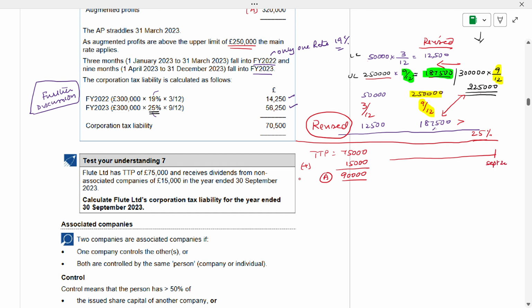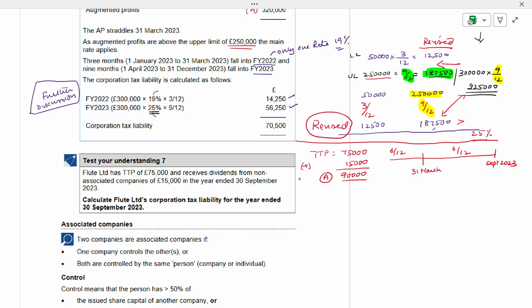This is the augmented profit. Now, how many months are there? It is September, the year ended September 2023. What is our financial year? The financial year ends 31st March.